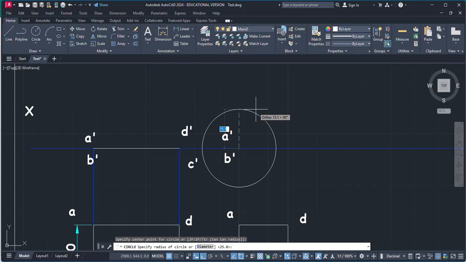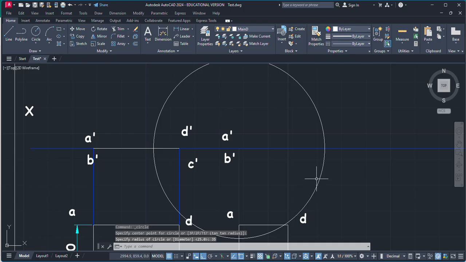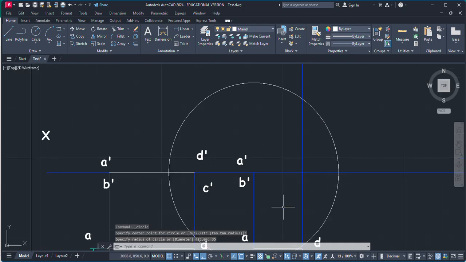We need radius 35, so just type 35. So this is the circle with the radius 35, and this is the center. Any point on the circumference is at a distance of 35 mm from the center. This circumference intersects with this vertical line here.